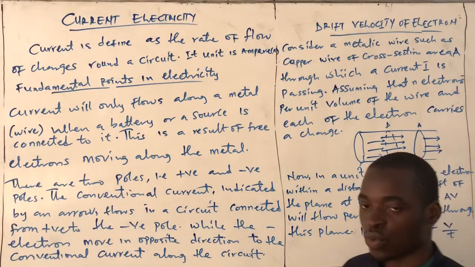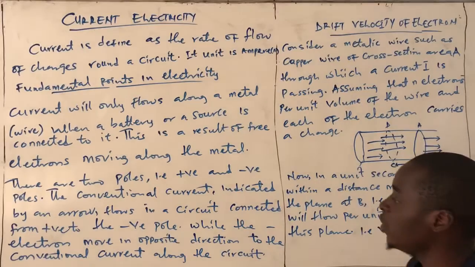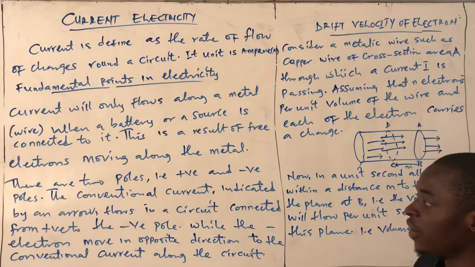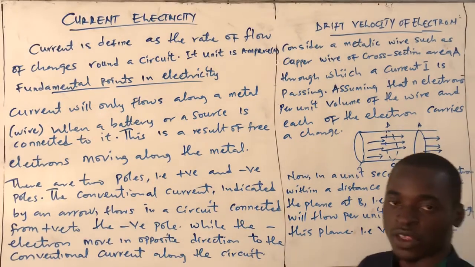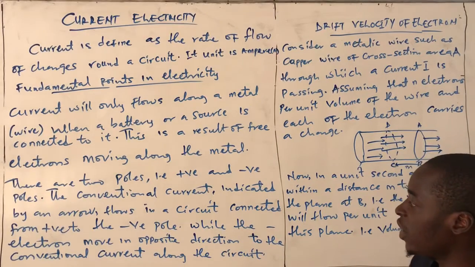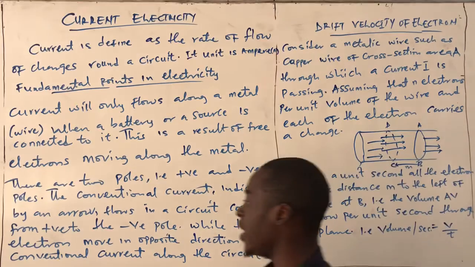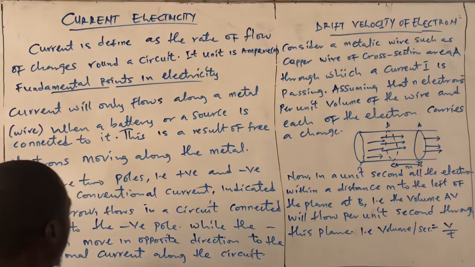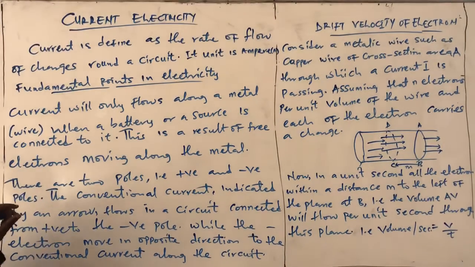In this case we have two things that we normally deal with. The first one is we have the positive pole and we have the negative pole. In conventional current, an arrow is always drawn to show the direction of the current, from the positive terminal to the negative terminal.